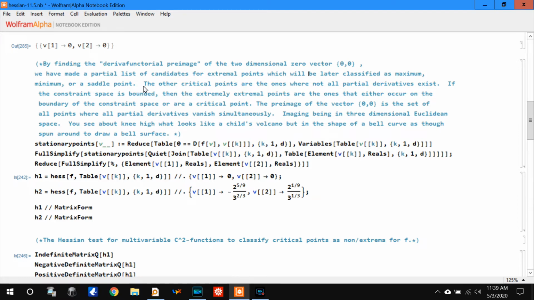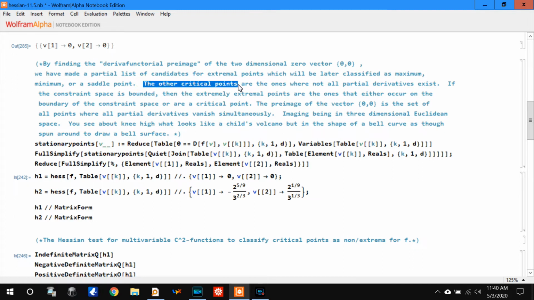For a saddle point, you imagine it shaped in 3-space like a Pringles potato chip. In the center of that Pringles potato chip, you're not at the top or the bottom. So that's called a saddle point.